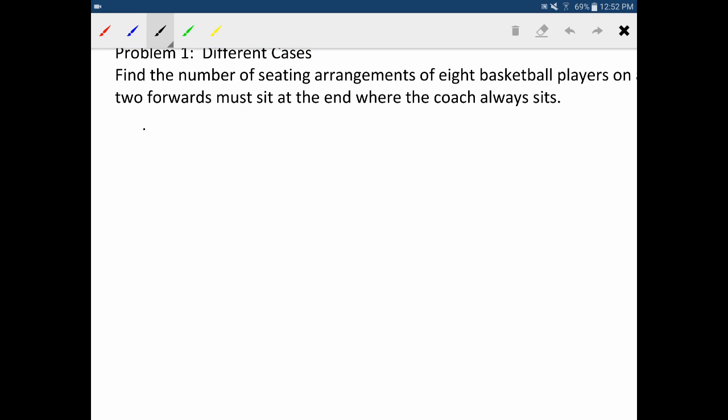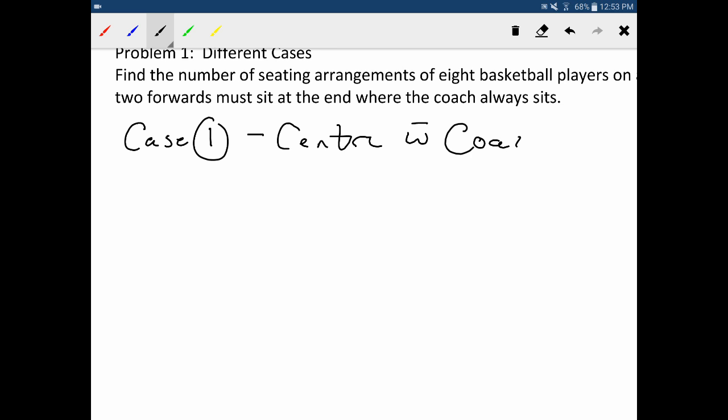So the first case we're going to deal with, case 1, is that the center is with the coach. In this scenario, we've got the coach, and then we've got our 8 seats.